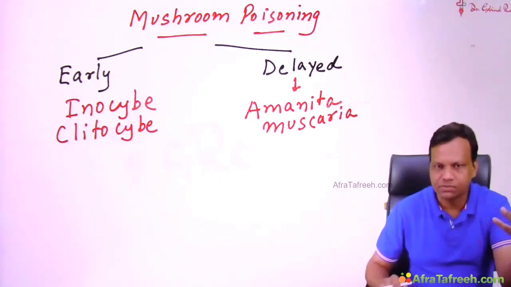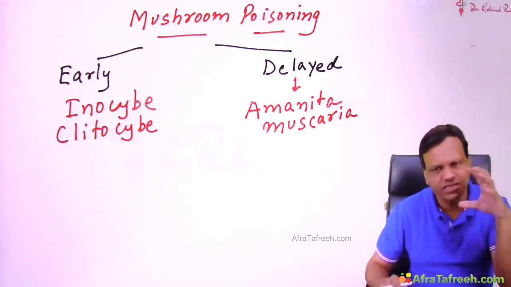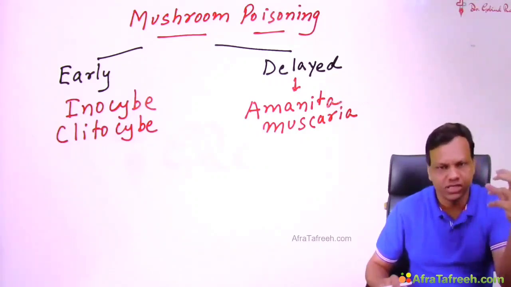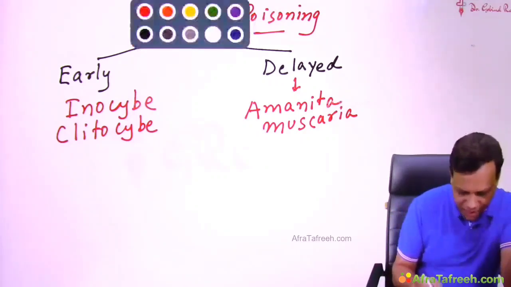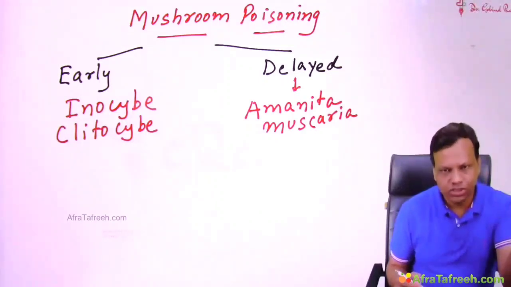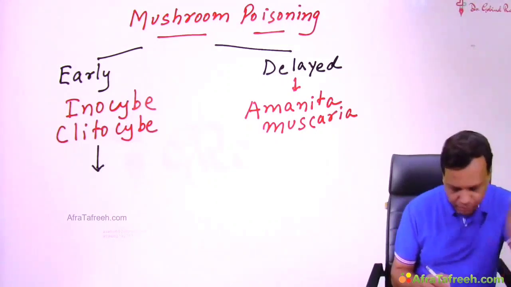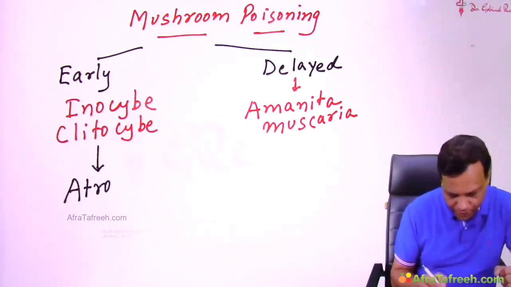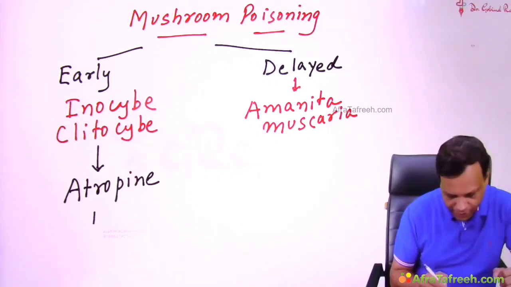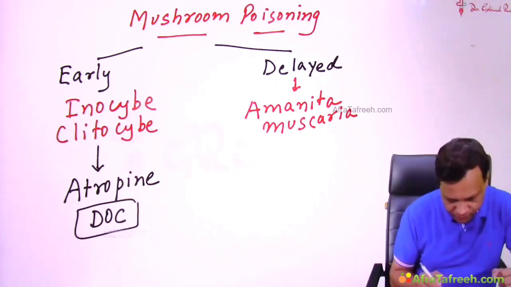So same symptoms, like there will be increase in secretions, contraction of the pupil, bronchoconstriction, everything same as in organophosphate poisoning. Because the symptoms are the same, the treatment is also the same. The drug of choice for early mushroom poisoning is atropine.